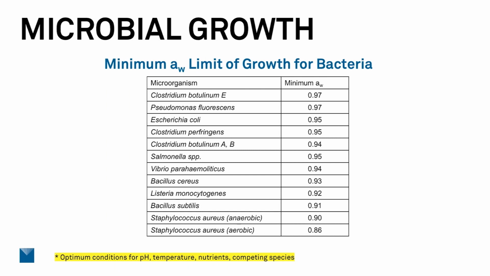So they can grow at a higher water activity than this limit, but they can never grow at a lower water activity than this limit. And it doesn't matter what matrix this is in. So if it's in a cookie or a powder or a pet food, if these are present in those different matrices, it will not grow below that limit.